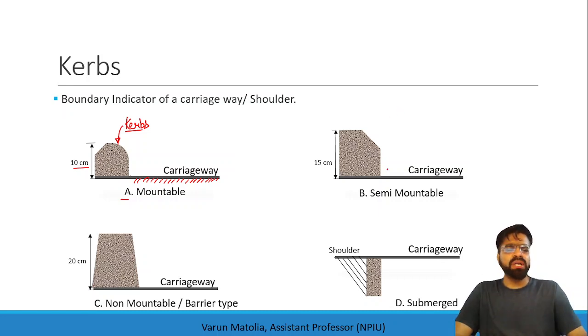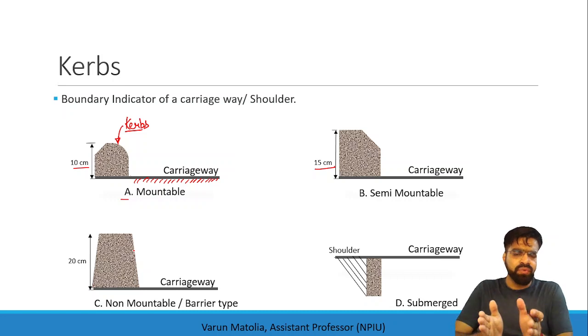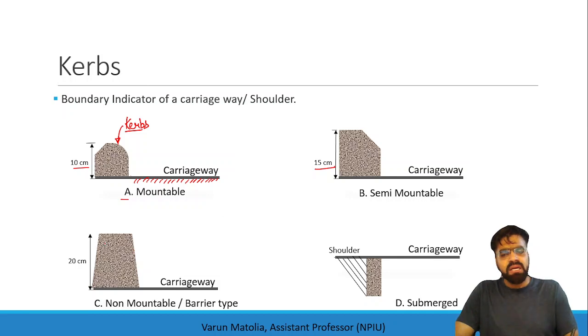Another one is semi-mountable. This kind of curb can be crossed only with difficulty, but in case of emergency it can be crossed by the vehicle, though it is not preferred. Where the curb is used as a barrier, or we don't want people to mount over these curbs, higher curb stones are provided.